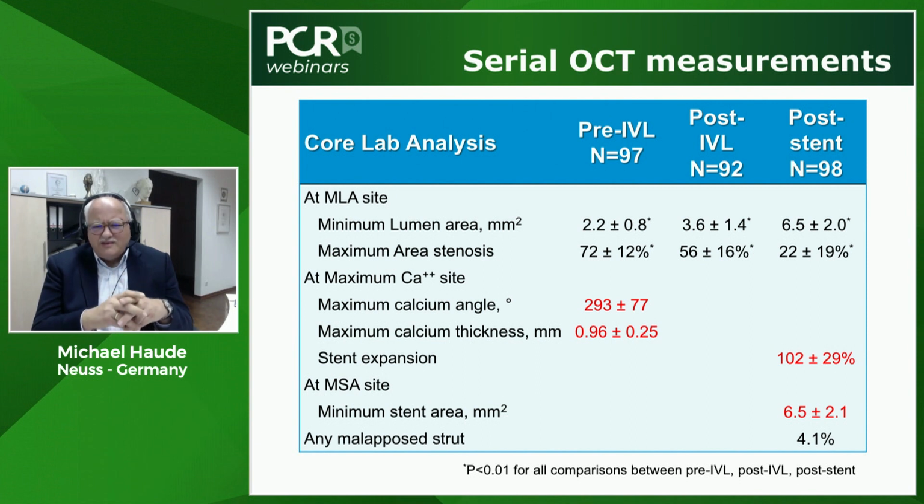Now, if you then see that you get almost full and complete stent expansion and apposition and a very, very good minimum stent area after implantation, that really shows the benefit of the lesion preparation using this kind of technology.